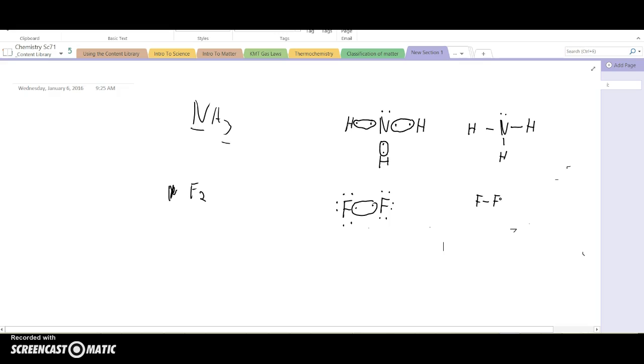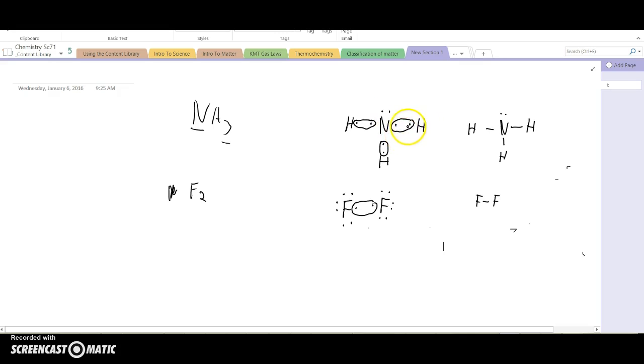Again, when you're going through this process, it helps to count electrons. We go back to the octet rule. Atoms want to have the electron configuration of a noble gas. So if we go back to our first example, this nitrogen atom now has 1, 2, 3, 4, 5, 6, 7, 8 electrons. I'm counting all the electrons that it has by itself, as well as all the electrons that it is sharing.